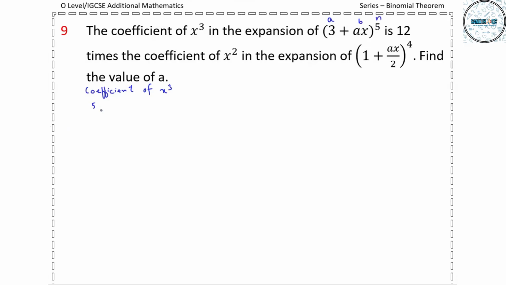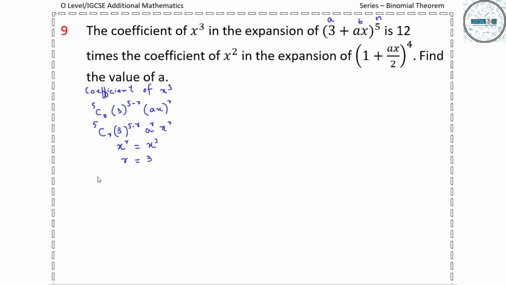So 5Cr × 3^(5−r) × (ax)^r. When we expand this, we will get 5Cr × 3^(5−r) × a^r × x^r. So we have here x^r, and we require the coefficient of x cube, so we will equate these two. By equating these two, we will get the value of r. r is equal to 3.